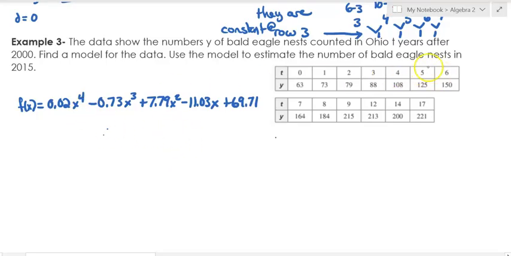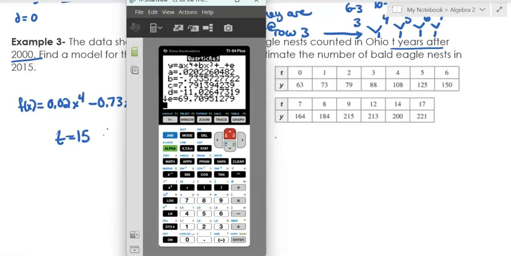Now, if this is t years after 2000, then to find 2015, we want to plug in 15, because that would be 15 years after 2000, which you would then just use your calculator and plug in 15 using that equation.